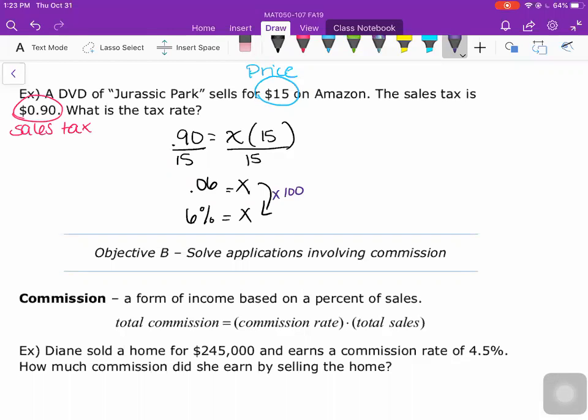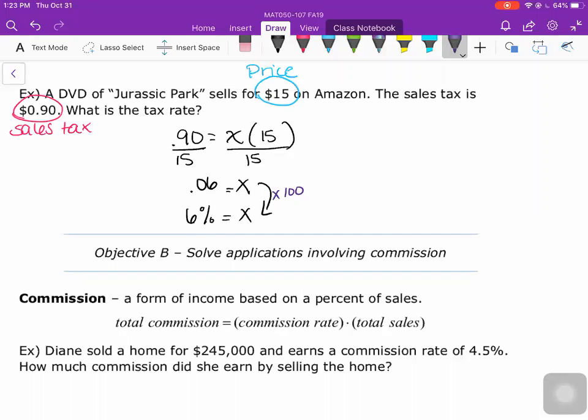Again, thinking back to that percent equation that we looked at in section 6.6, I think. Amount equals percent times base, right? The amount is the part of the whole that we're comparing to the whole. It usually is near the word is, before the word is, and the base is usually what follows the word of.